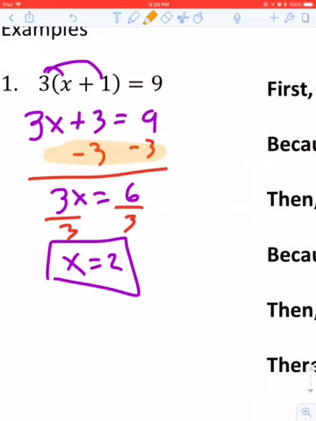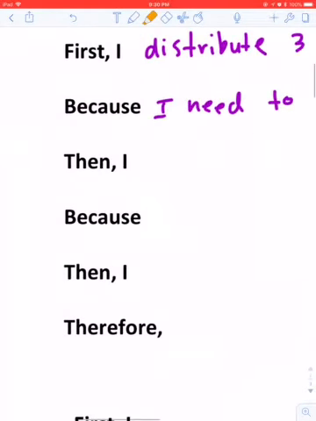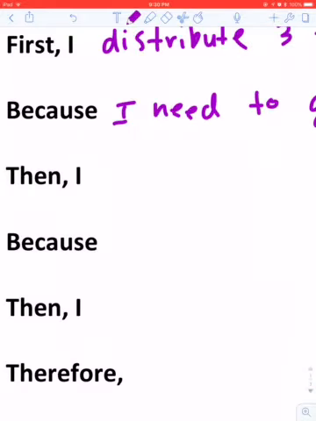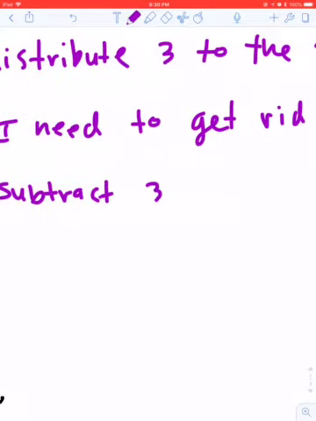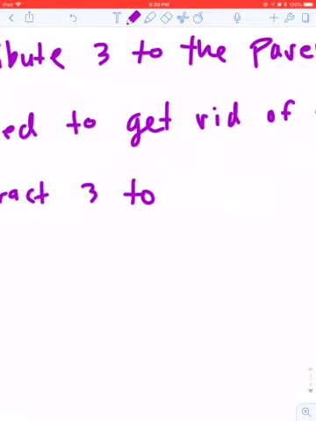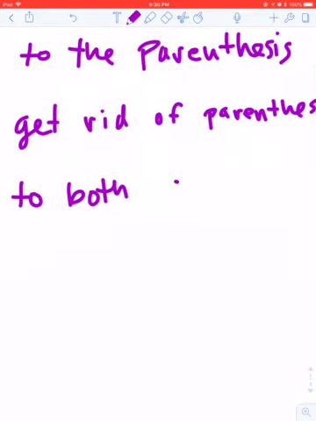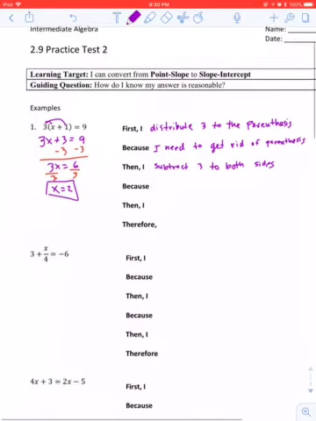Okay, what is the second thing we did? Right here, we subtract 3 to both sides. So I'm going to say then I subtract or minus, they're the same thing, 3 to both sides. Okay, and why did I do that?